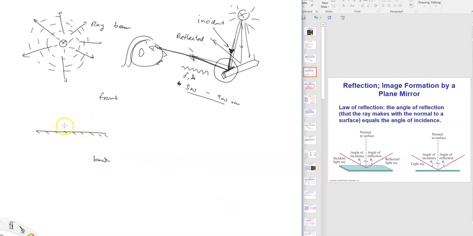Okay, so here we have incoming light. So let's say it comes in. Incident light, right? The incoming. Wherever light strikes the mirror, at that point we draw a perpendicular line. Oops, it has to be a straight line.